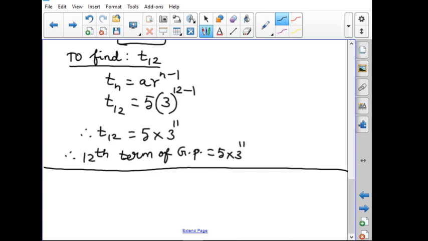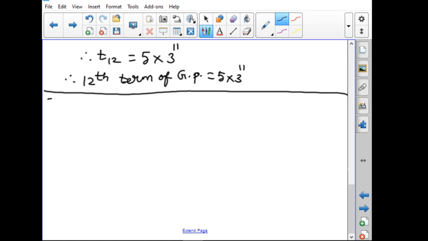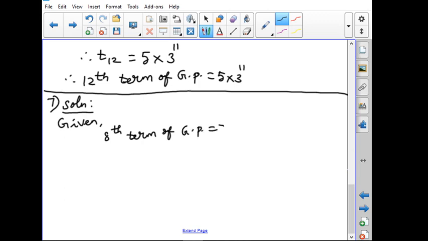So first, you have to write what is given. What is given? The 8th term of GP equal to 768.